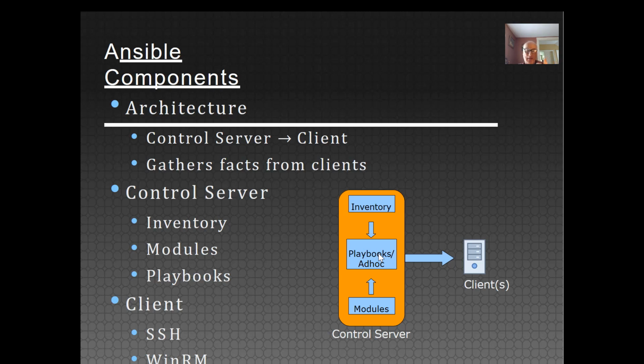The control server has three different components in it. That's an inventory file, which I showed you something about in the last little Ansible connectivity video I posted. It's got modules, and those modules are the way that the Ansible server interacts with the clients. We use -m ping. Ping is its own module, and there's tons of different modules out there.